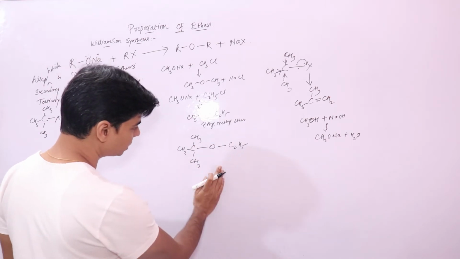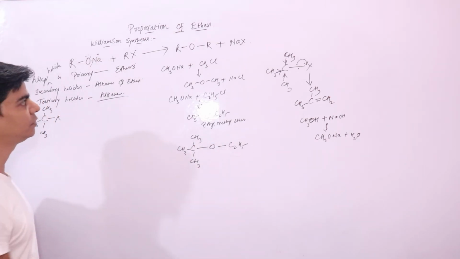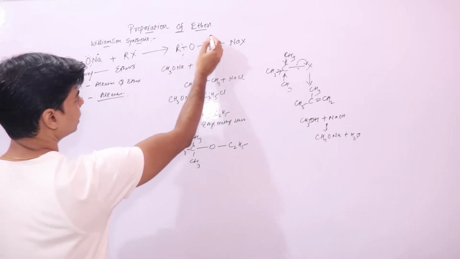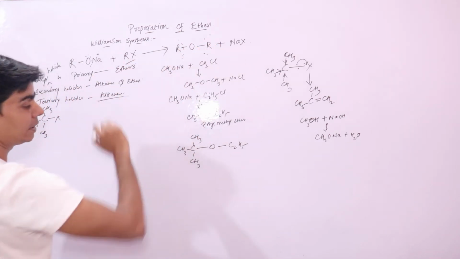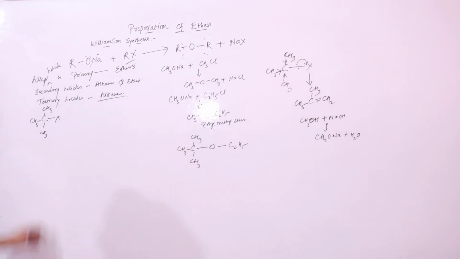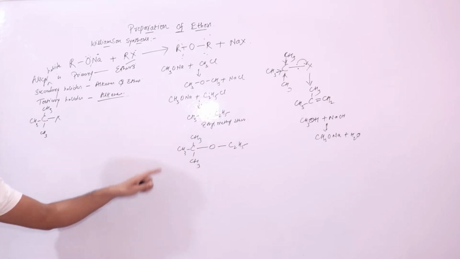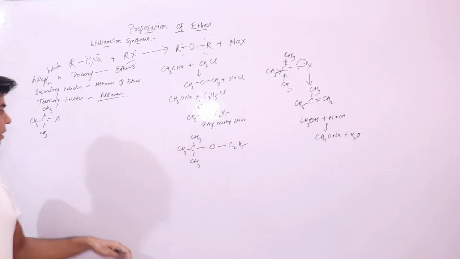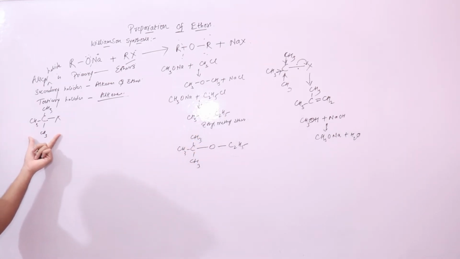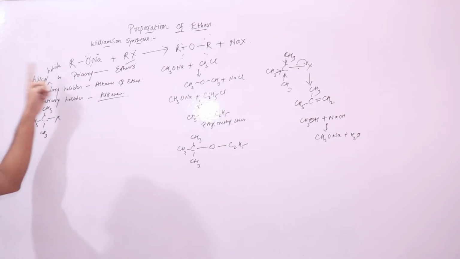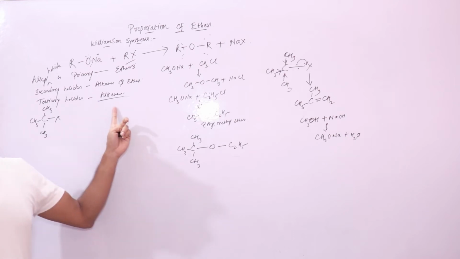In Williamson synthesis, if you look, one R is coming from alkoxide, the other R is coming from alkyl halide. But we said that if I take a tertiary halide, then as per what we have learnt, what I will get is an alkene.